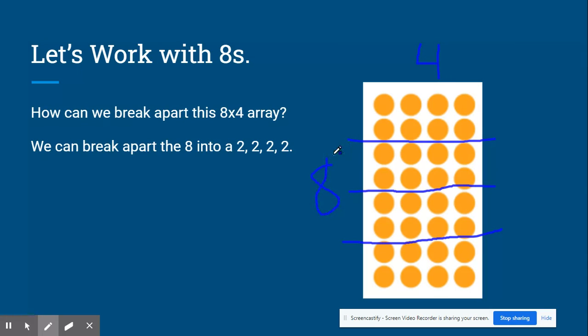So instead of this being an 8 by 4 array, we are actually creating 4 equations. 2 times 4, 2 times 4, 2 times 4, and 2 times 4. So we know that 2 times 4 equals 8. And you would just do that 4 times. 1, 2, 3, 4. And you would get the same answer of 32.